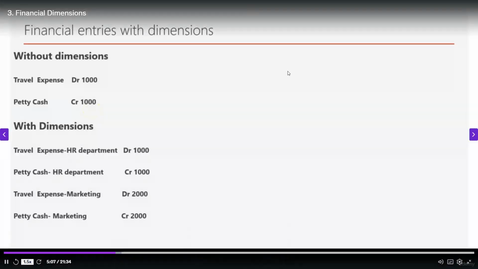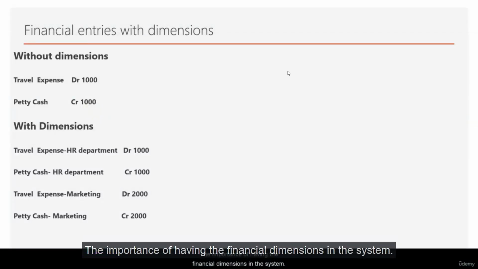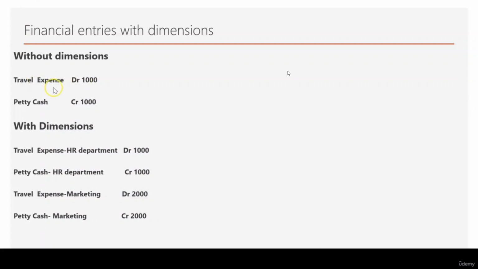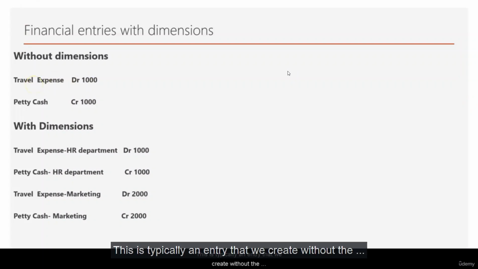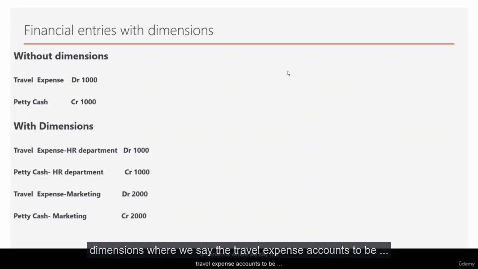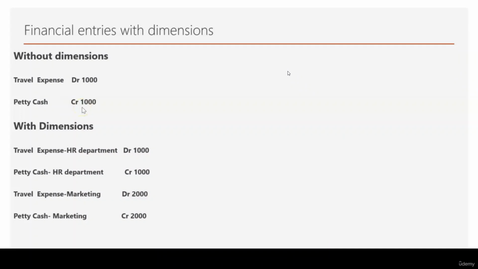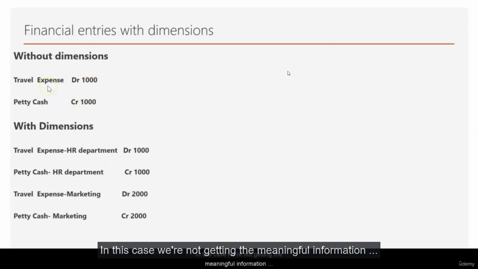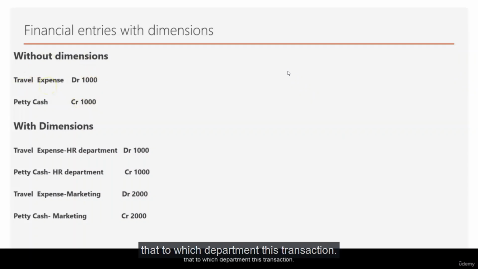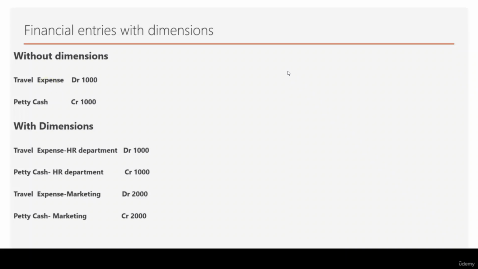Let us understand the importance of having the financial dimensions in the system. If you look at this entry here, this is typically an entry that we create without the dimensions, where we say the travel expense account to be debited with $1,000, while the petty cash account gets credited with $1,000. So in this case, we are not getting the meaningful information about which department this transaction is happening for, right?